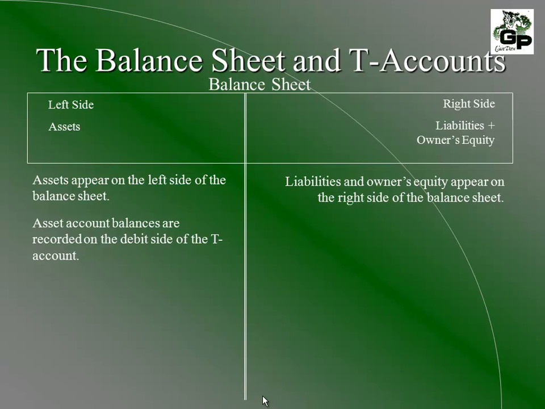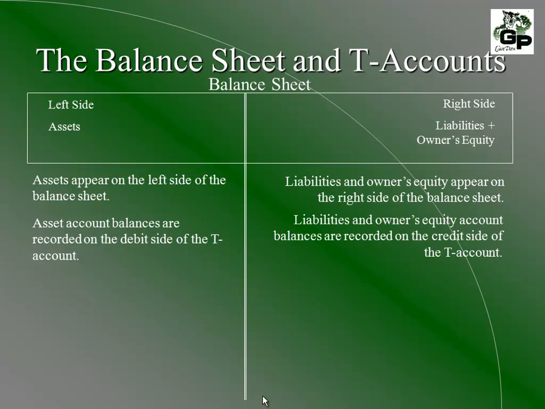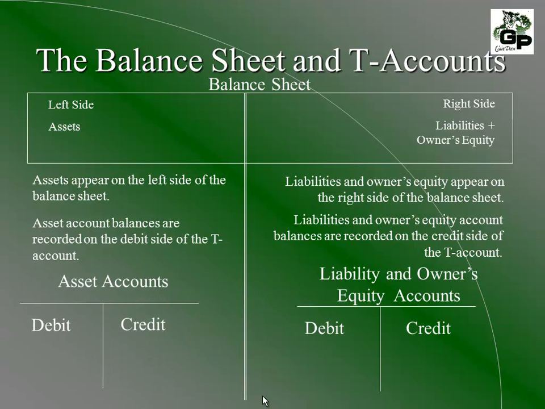Liabilities and owner's equities appear on the right side of the balance sheet. Therefore, liabilities and owner's equity account balances are recorded on the credit side of the T account. Asset accounts, the debit amount is on the left, the credit amount is on the right. Liability accounts and owner's equity accounts, debit on the left, credit on the right.